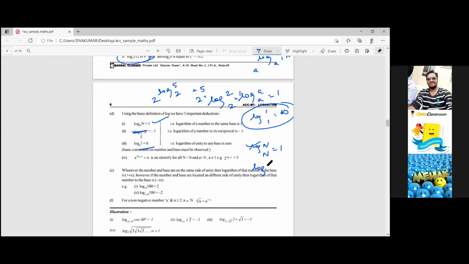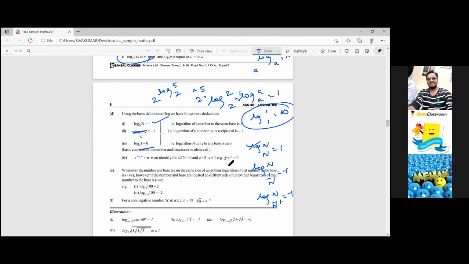In the similar manner, log n base 1 by n is equal to minus 1. So 1 by n we can write as n power minus 1. So this minus 1 will come down, so we are getting minus 1.